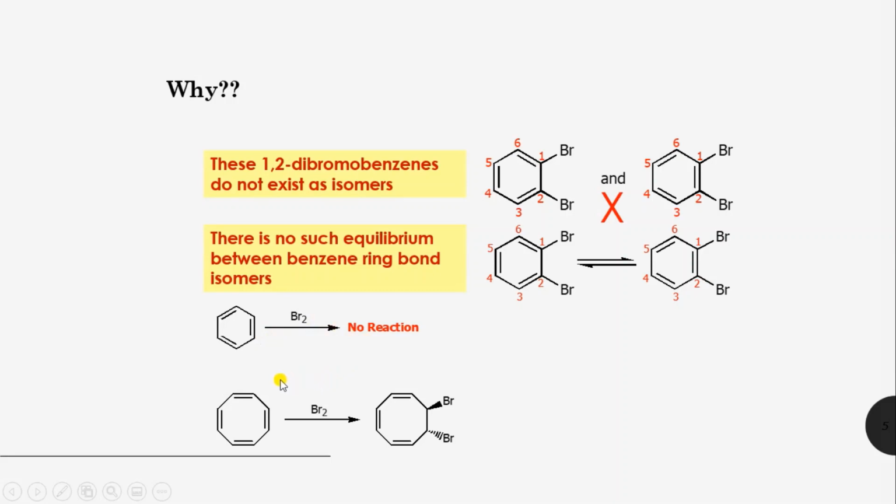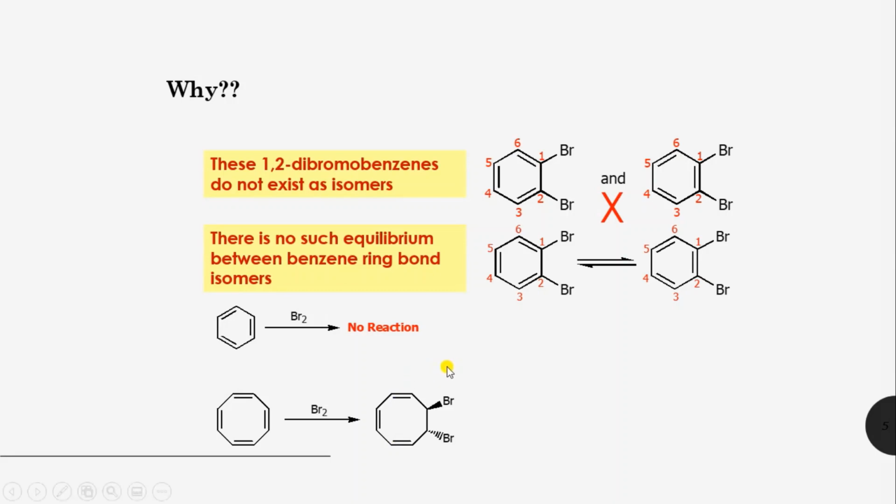But on the other side, this 1,3,5,7-cyclooctatetraene is undergoing the addition reaction with the bromine, resulting in a dibromo substituted product, acting just like the normal cyclohexene.